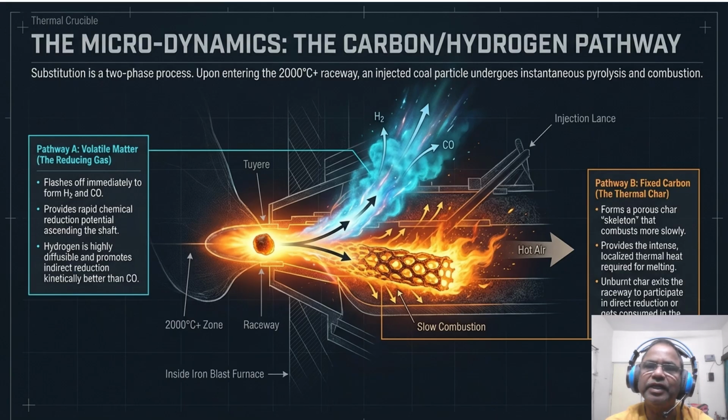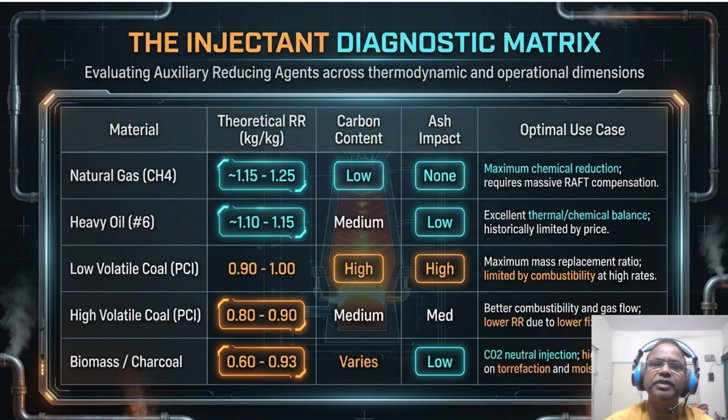These dynamics vary widely across the different materials, which we can compare using our diagnostic matrix. And our next slide is about the injectant diagnostic matrix. This table summarizes our options. Natural gas offers the highest RR at 1.1 to 1.2, providing maximum chemical reduction but requiring massive raft compensation.